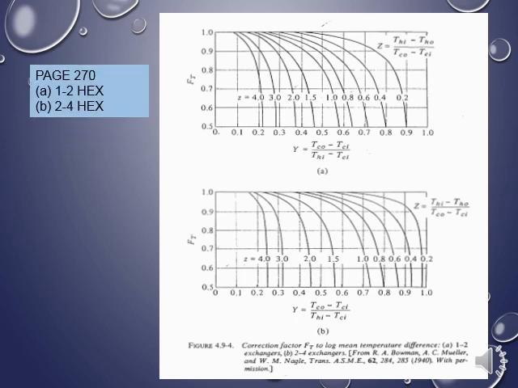Figure 4.9.4a is for the 1 to 2 heat exchanger, and the B one is for the 2 to 4 heat exchanger. So depending on whether the question refers to a 1 to 2 or a 2 to 4 heat exchanger, you have to use the correct chart to get the Ft value, based on the type of heat exchanger mentioned in the question.